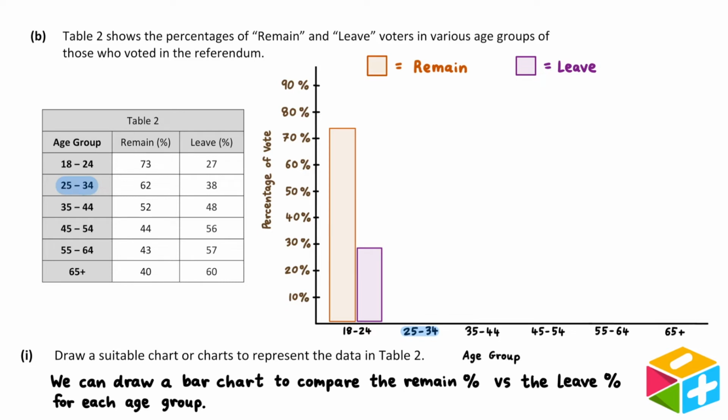So let's look at the next age group, 25 to 34. Here, 62% voted to remain. So in orange, I'll draw a bar with a height of 62%. 38% voted to leave. So we'll draw another bar in purple with a height of 38%.